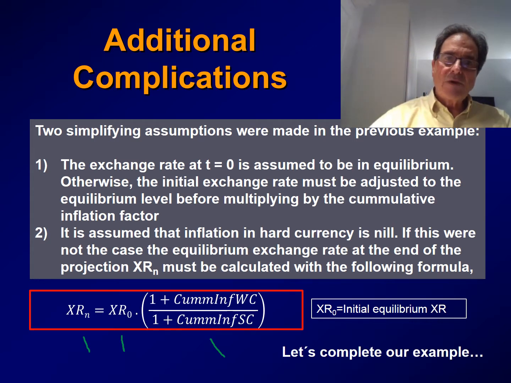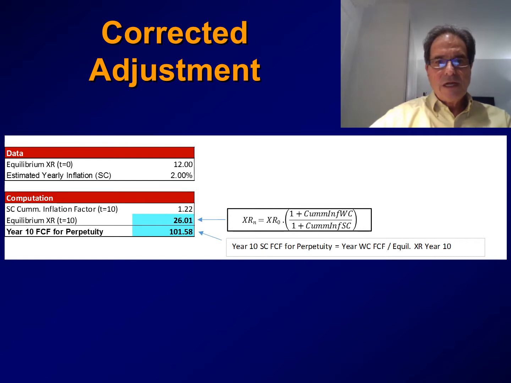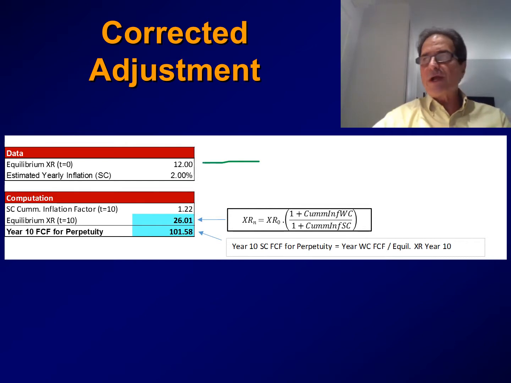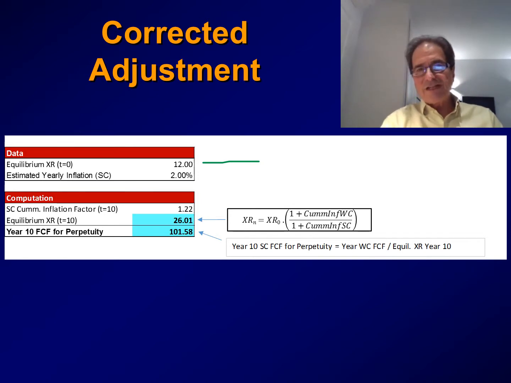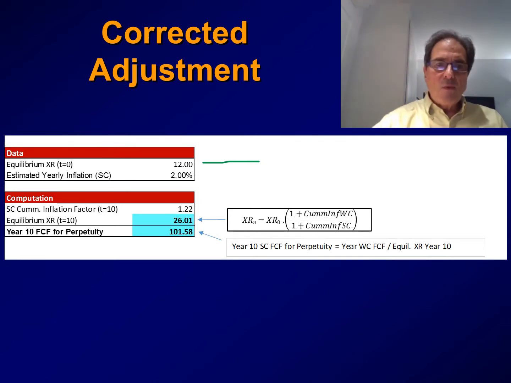Now let's modify our example by doing some changes to the initial exchange rate and also to the cumulative inflation in a strong currency. So now let's assume that the real equilibrium exchange rate at time 0 is 12 instead of 10. And now we have an estimated yearly inflation of 2% per year during the 10 years for the strong currency.